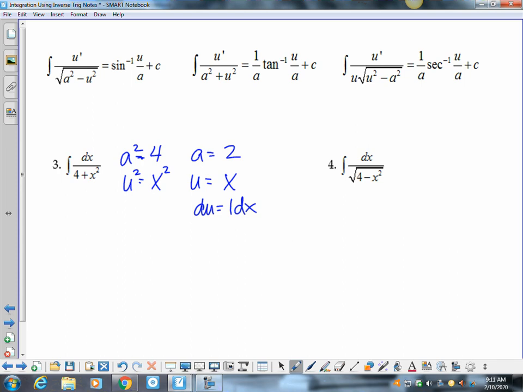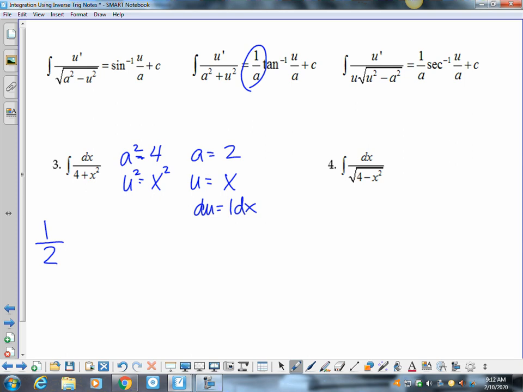Now, tangent doesn't have the extra stuff in his integral, but he does have a little extra stuff in his answer. He has this 1 over a part out front. So we're going to have a 1/2. Not because I had to balance anything, but because that's part of his result. You would multiply.